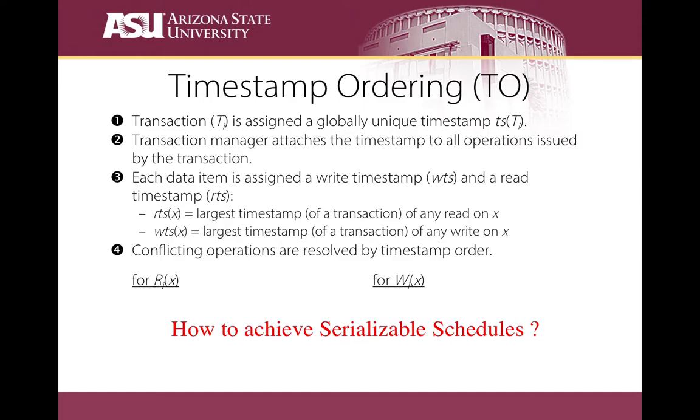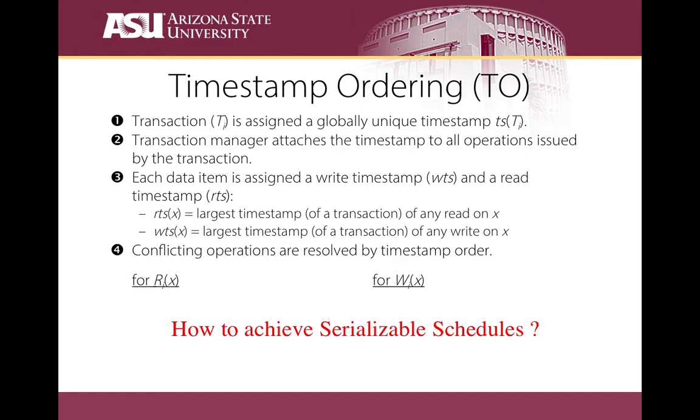Are you guys following, or are we losing track here? Okay, so given these two values, now I have an operation coming to the system for a transaction called Ti, and it wants to read X. What decision should I take if I want to read X?